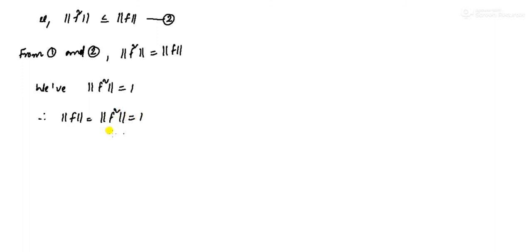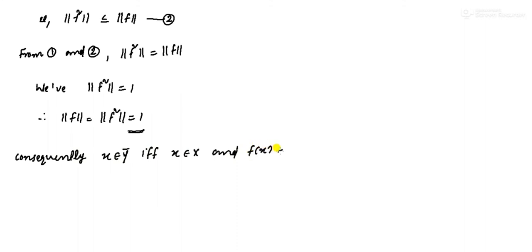Consequently, x is an element of Y closure if and only if x is an element of X and f of x equal to the distance of x from Y closure, that is equal to 0, since x is an element of Y closure, right?